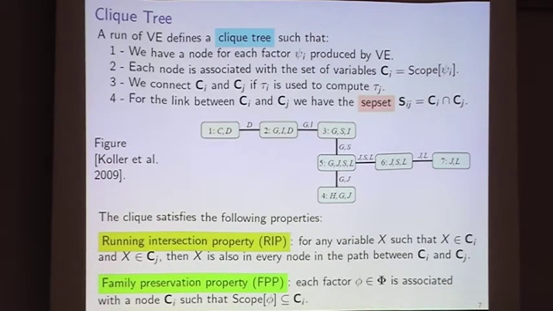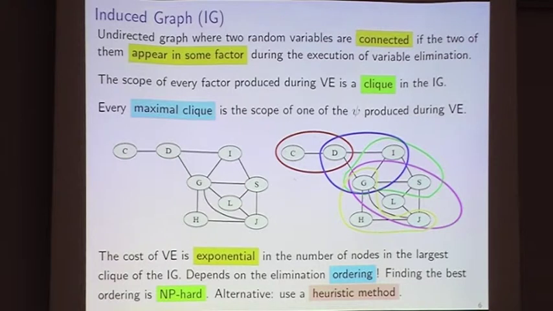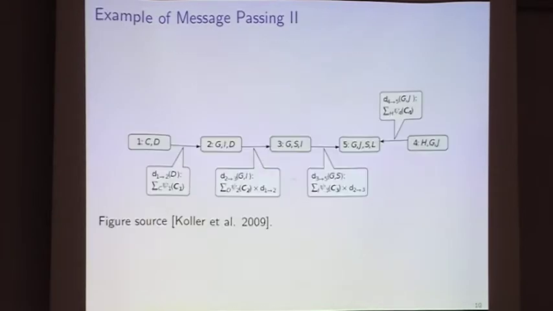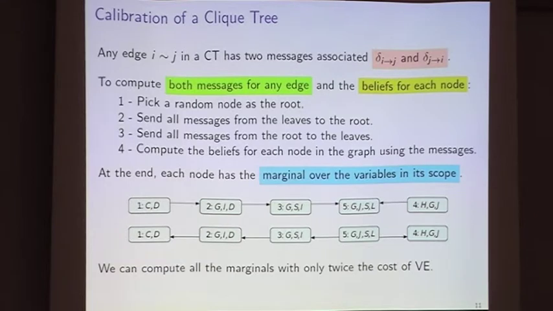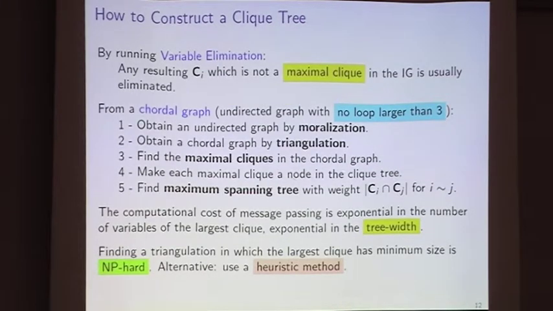And those factors were the ones used to construct the nodes in the clique tree. So we can do that by creating an induced graph by just breaking any loop larger than 4, finding the maximal cliques in that graph, and then those cliques will be the nodes in the clique tree.